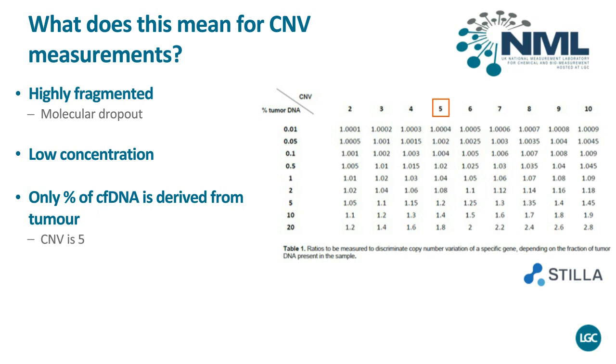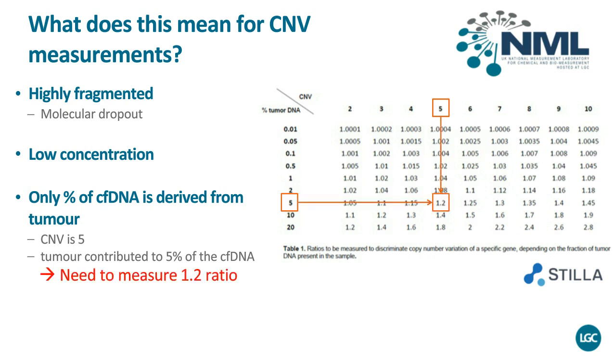So say our copy number variation is 5, but only 5% of our breast cancer tumor contributes to the cell-free DNA. Therefore, we actually need to be measuring a 1.2 ratio rather than a 5 ratio.